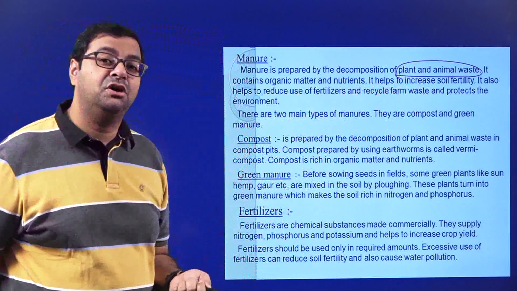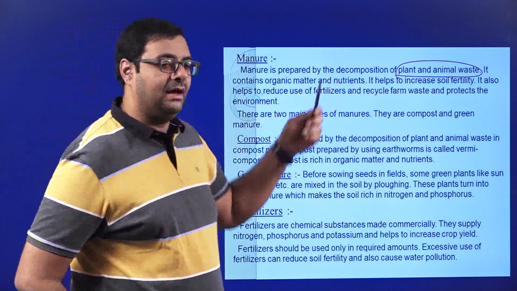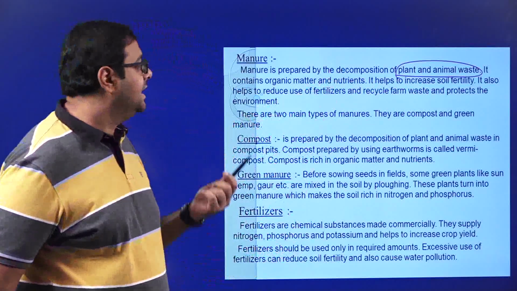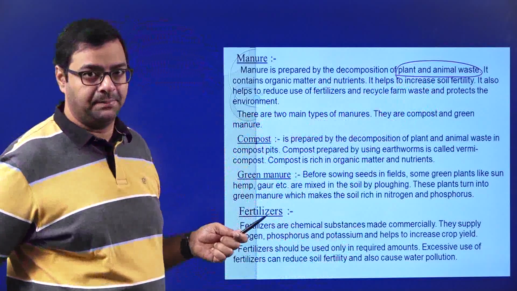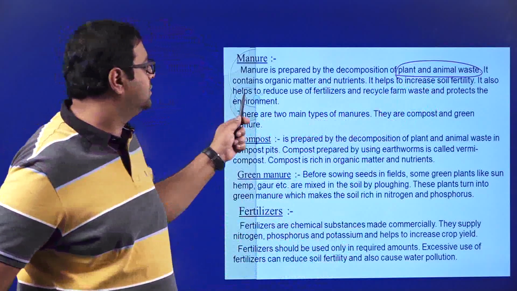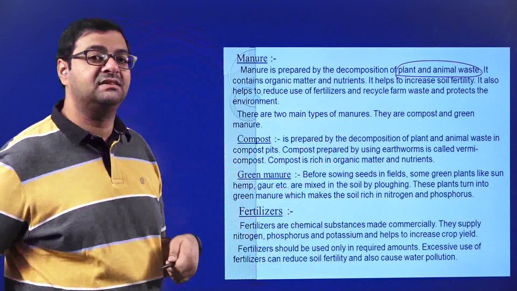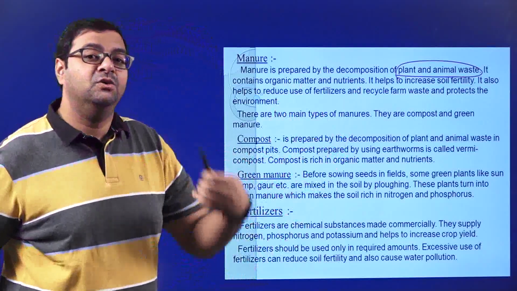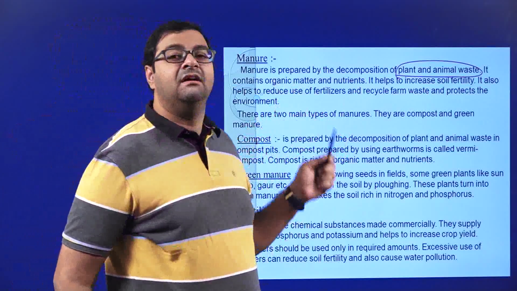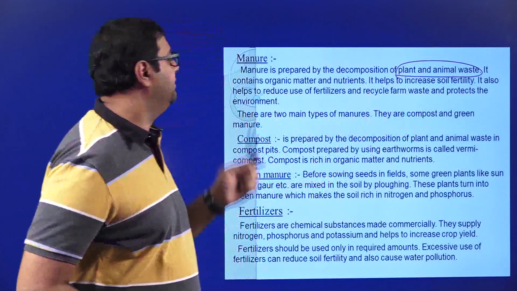The advantage of using manure is it is from a biological source, and it also helps in improving the soil fertility. It also helps to reduce use of fertilizers. Chemical fertilizers are a little dangerous for the plants, so manure reduces the use of fertilizers, recycles farm waste and protects the environment.